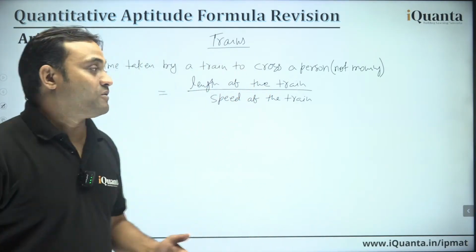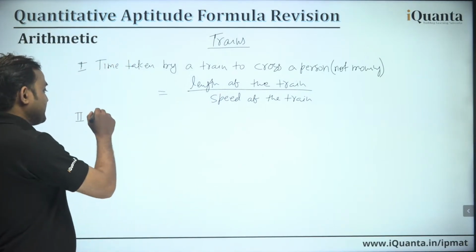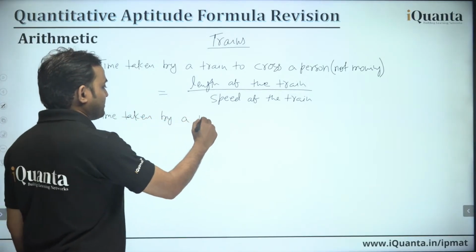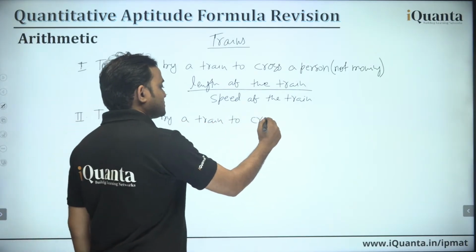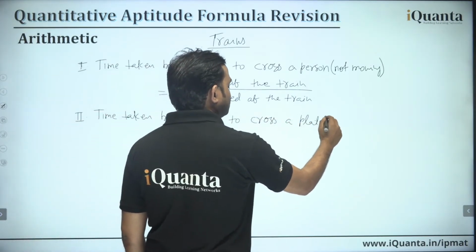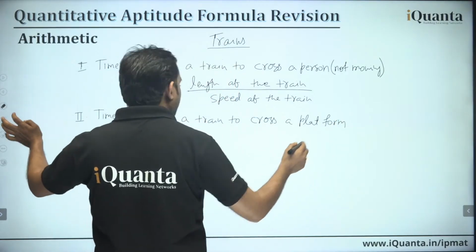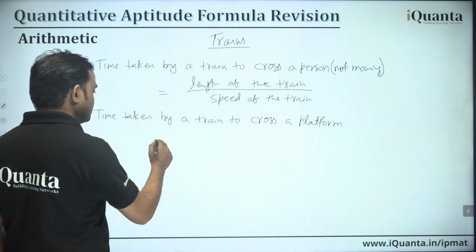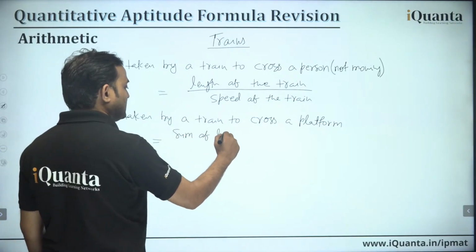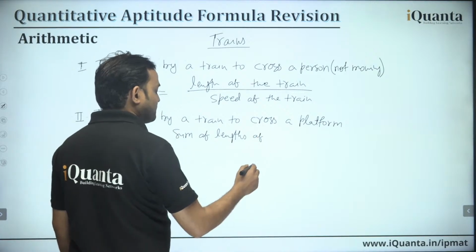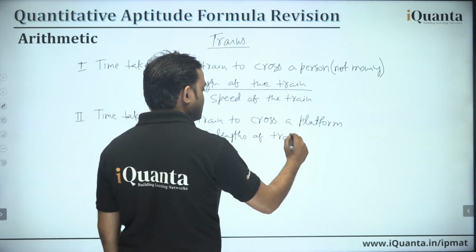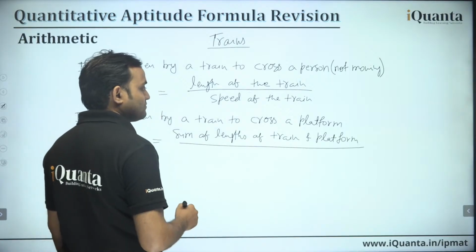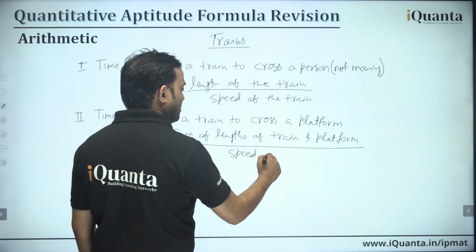So, a platform or tunnel could be of big length. So the time taken by a train to cross a platform is equal to the sum of the lengths of the train and platform, divided by, again, the speed of the train.